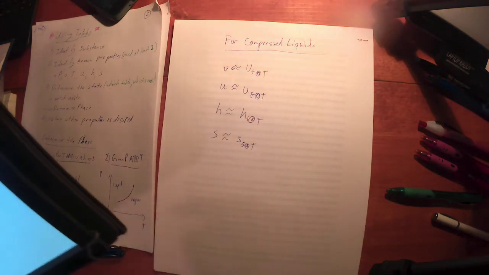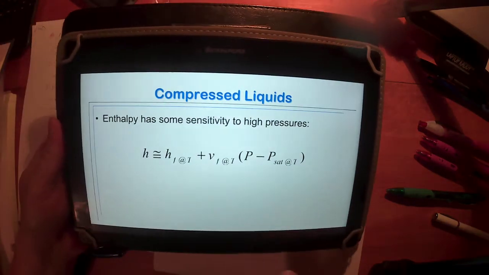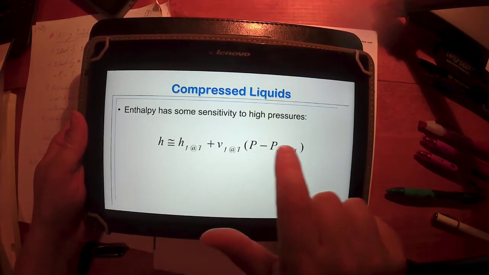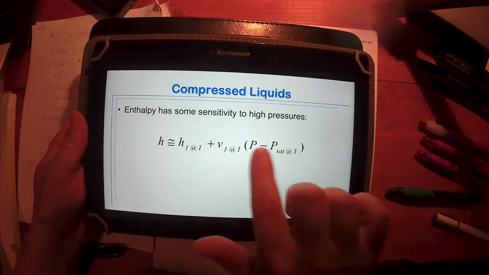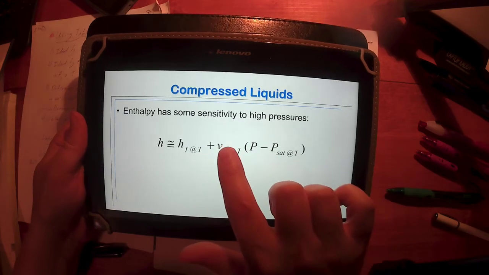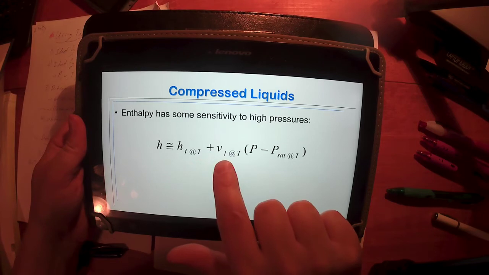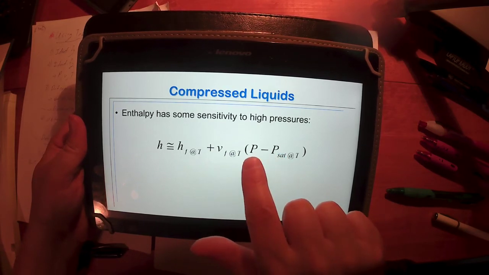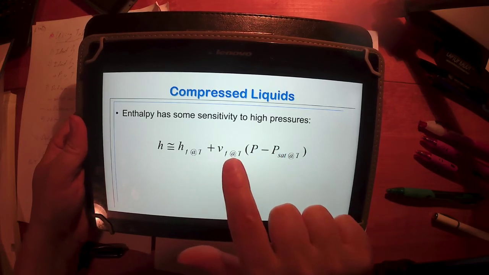Now, if you go in the text and look at this, they will say that for the H value, there's a little better approximation because by definition of the enthalpy, the pressure can have a bigger impact. But here's the thing. Unless this difference is huge, because the specific volume of a liquid is going to be very, very small, you're multiplying the difference between the current pressure and the saturated pressure by a very, very small specific volume value.